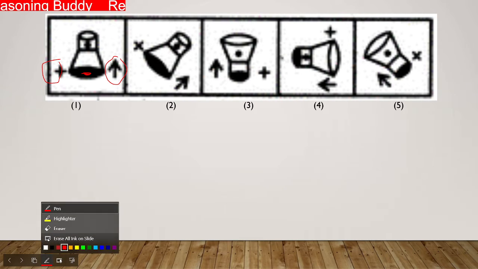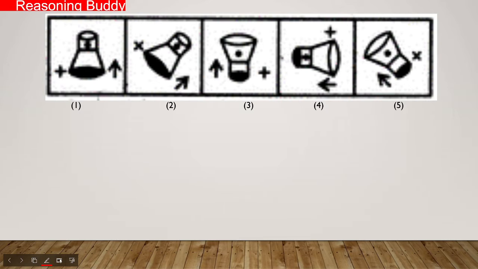So see, this is the direction of the black portion, and the arrow is pointing towards top, and the black portion pointing towards bottom. So both are in opposite directions. Here also the black portion is in this direction, and the arrow in this direction. So both are opposite again.